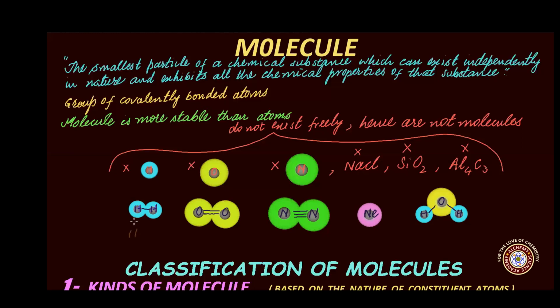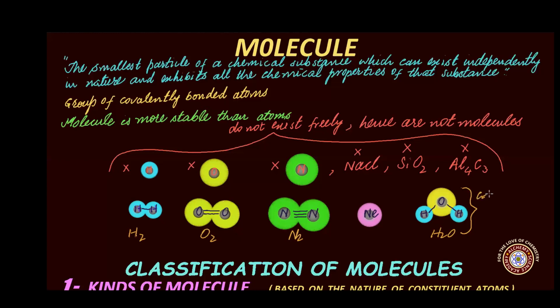Now let us write their chemical formulae. Hydrogen, this is oxygen, this is nitrogen, this is neon, and this one is the water molecule. All these particles, since they are stable enough to exist independently in the universe, are called molecules.